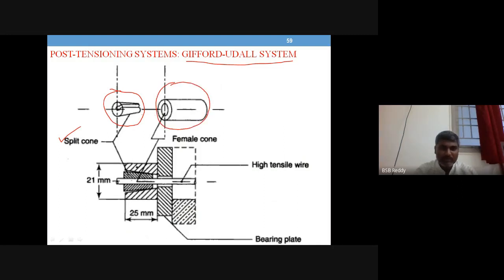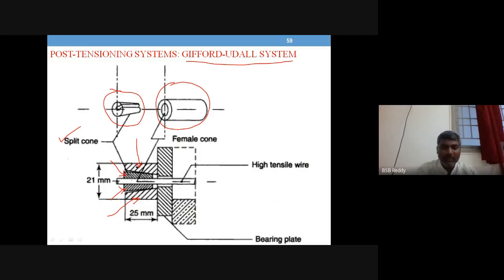These are the three-dimensional views, and the same are shown in cross section. This one is the split cone in cross section, and this is the female cone in cross section.